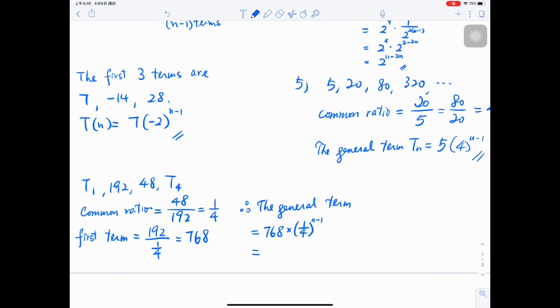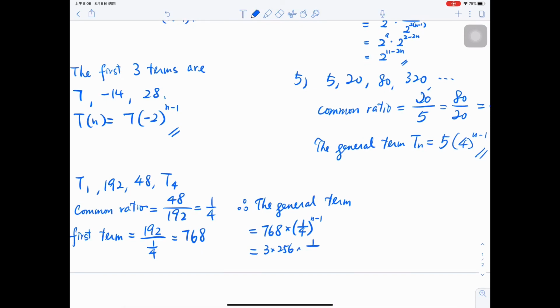This one you can write as 3 times 256. And 256 is 2 to the power something. Do you know? This one is actually 2 to the power 8, right? 2 to the power 8.